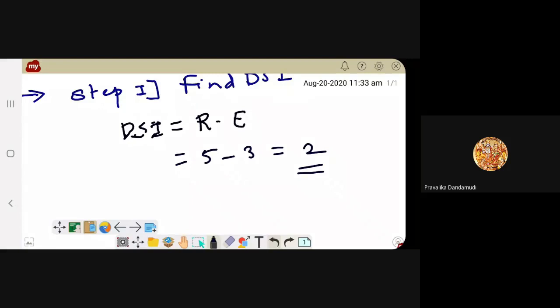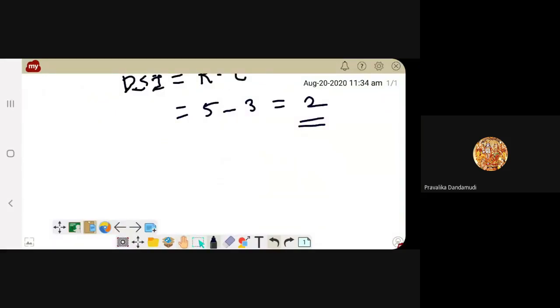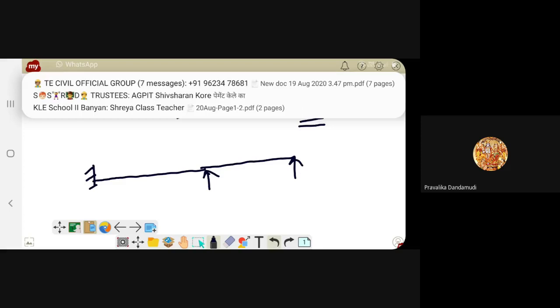Then the next step is to find out the redundants. Redundants means what? I'm just trying to draw the same beam here. Okay, so this is the beam. What are the redundants? Suppose I want to make this particular beam a simply supported one.